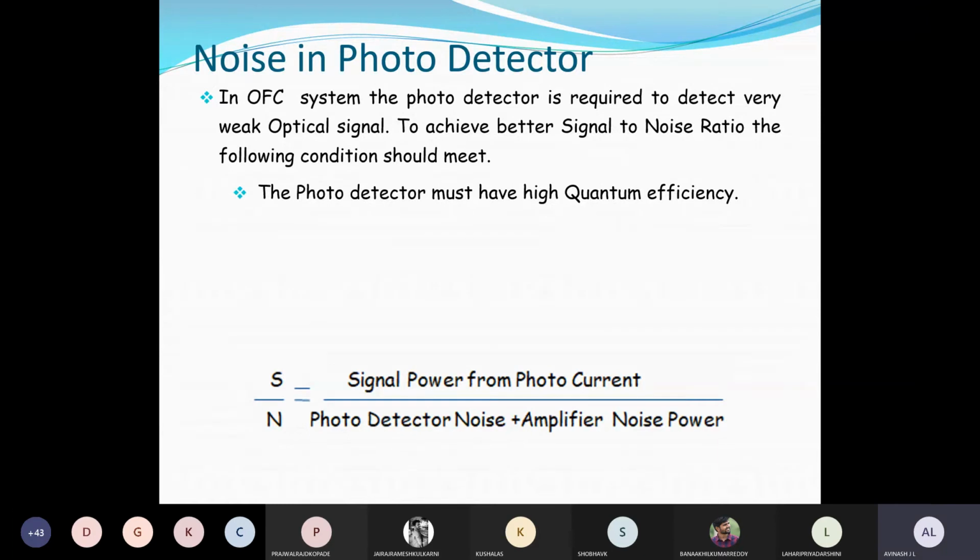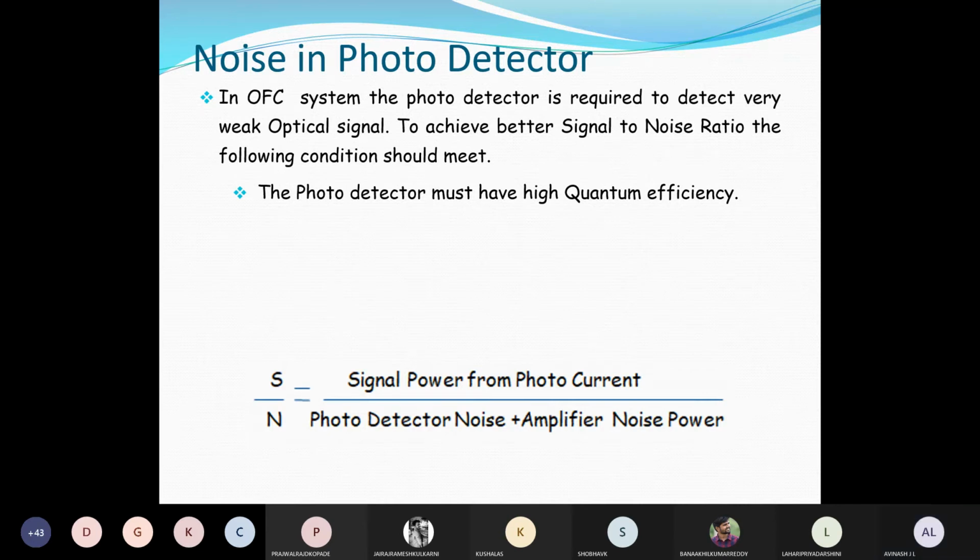Quantum efficiency, last class we understood what it is. It is the ratio of how much electric current is generated to how much light energy is incident, the total amount of electrical energy generated divided by the total amount of optical energy imposed. In the equation, it is the number of electrons generated divided by the number of photons incident. Photon means light energy, electron means electricity.